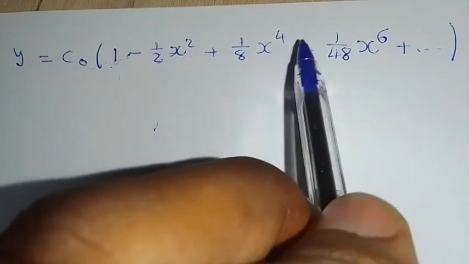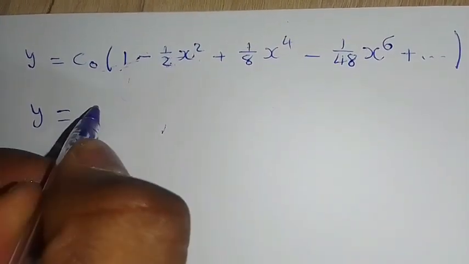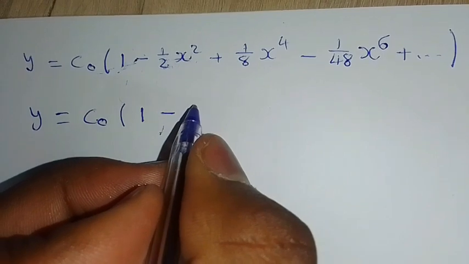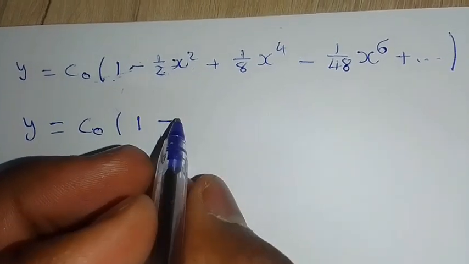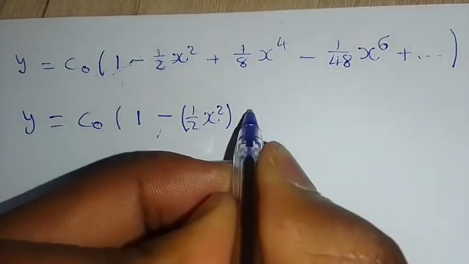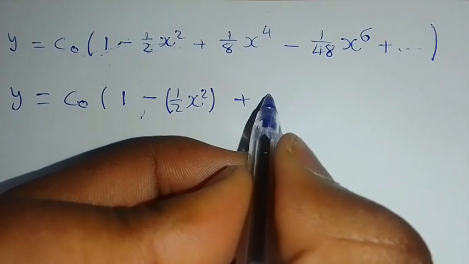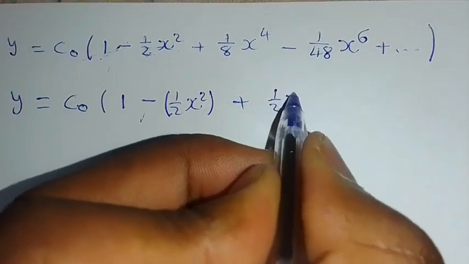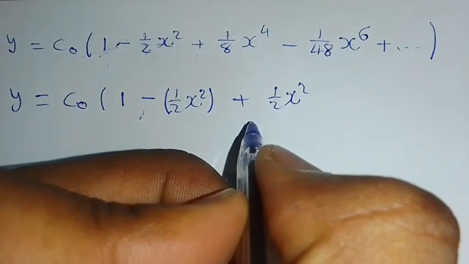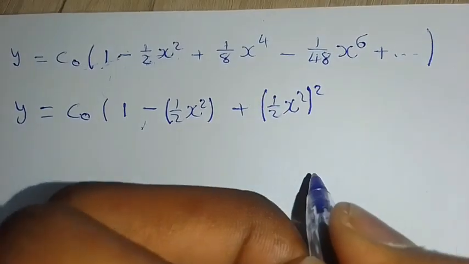If we factor everything by a half x squared, what do we have? Y equals c naught into 1 minus, group the half x squared together. So we just have a half x squared as 1. And now we want to group by a half x squared here. Notice that you have an over 4 here, but we can square that, right?